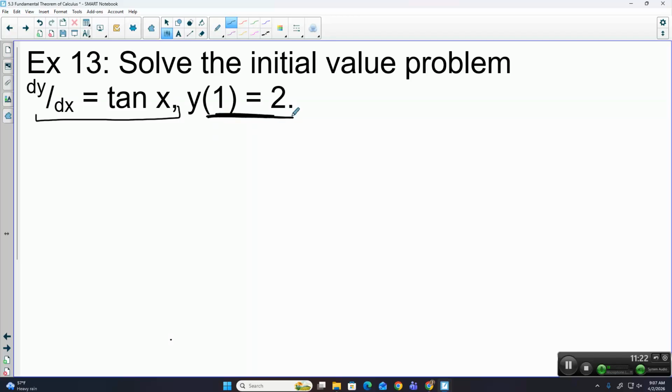But then this information, this ordered pair, is about y. Okay, so we need to find function y. So if this is the derivative, the antiderivative is just the integral, right?